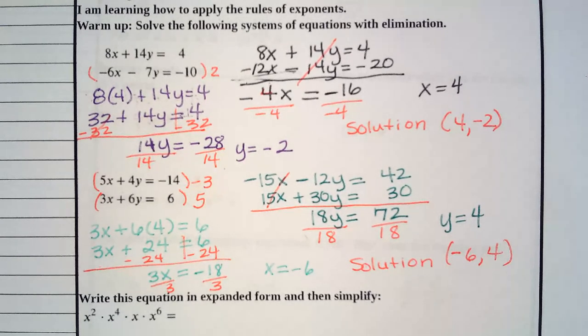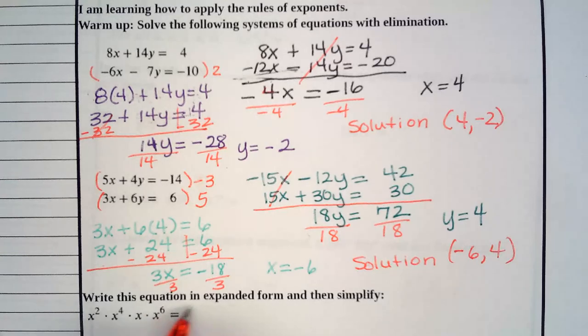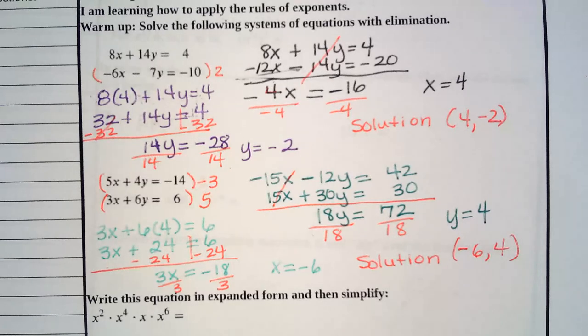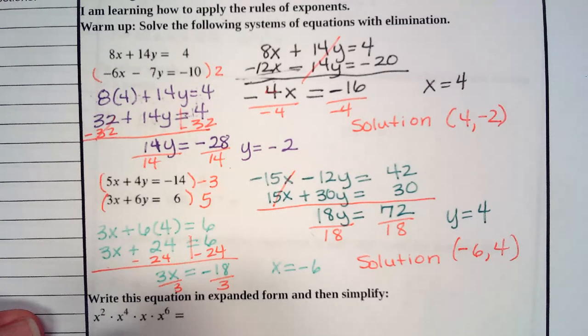So let's look at what happens when we are multiplying with exponents. If you have the same base, what happens? So it says to write this equation in expanded form and then simplify. Expanded form means that I stretch it out. So if I'm looking at x squared, that is x times x.